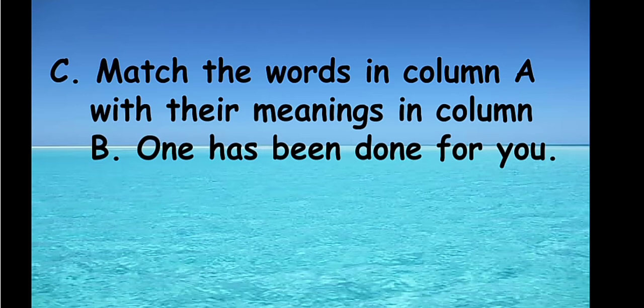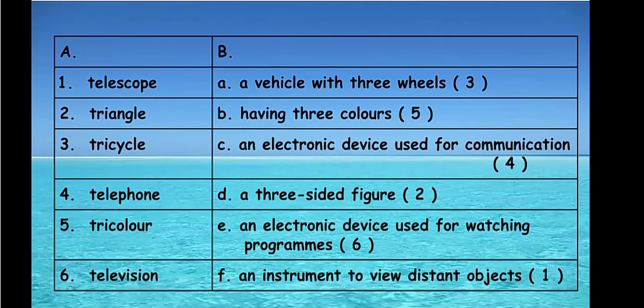You have to find the meanings for the words in column A. Let's read the words in column A. These are the questions. First one, telescope. Second one, triangle. Third one, tricycle. Fourth one, telephone. Fifth one, tricolor. And sixth one, television.